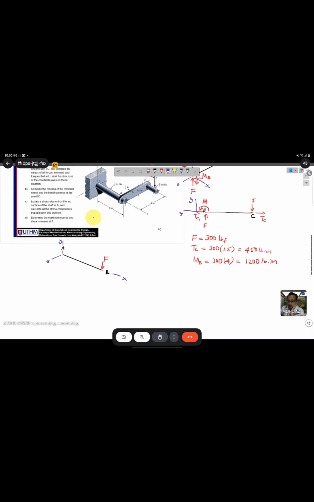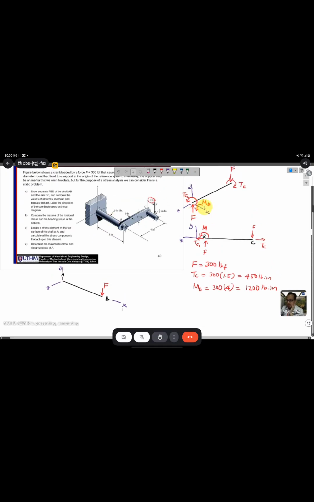So F here will become the action force for rod AB. And MB here will rotate counterclockwise; when we transfer here, it will rotate clockwise.